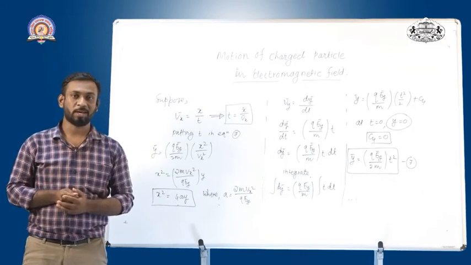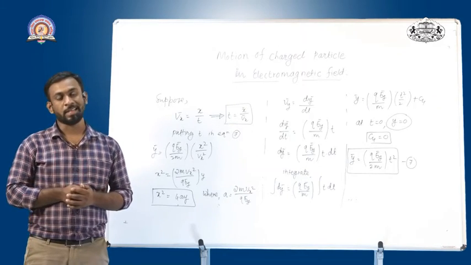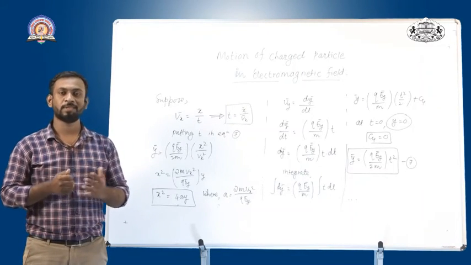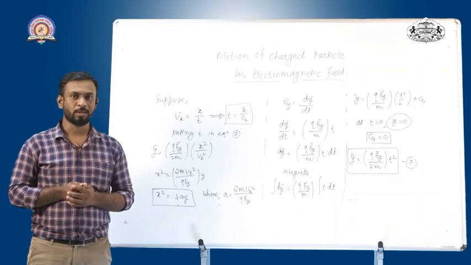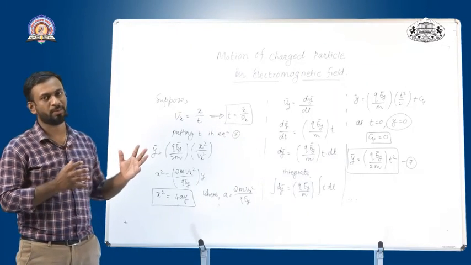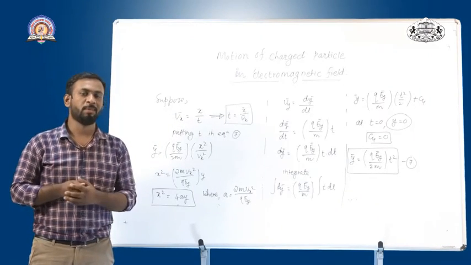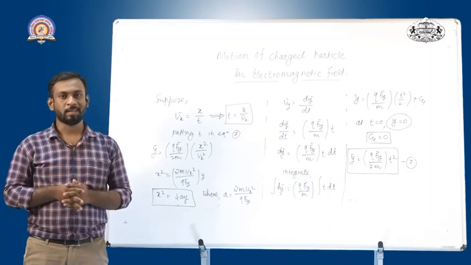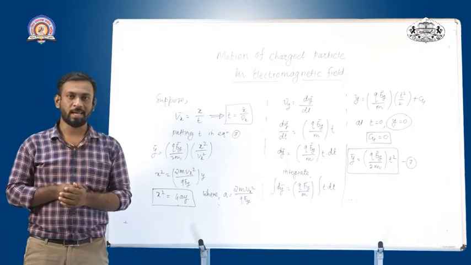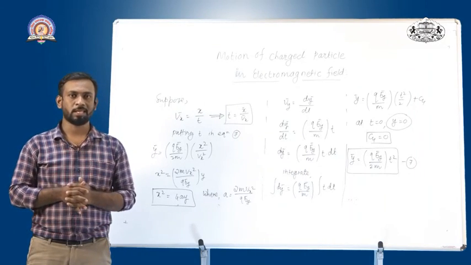This is quite an interesting topic. These topics, the effect of the electric field, the magnetic field, and the simultaneous electric and magnetic field, are applied in various electronic industries, basically in the CRT scheme. So this is our next point.